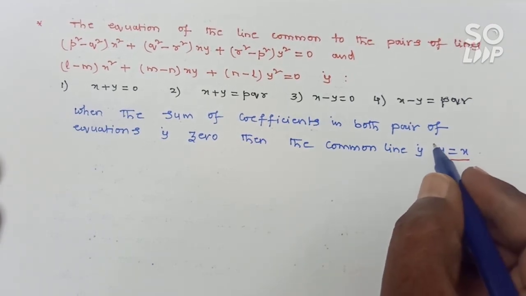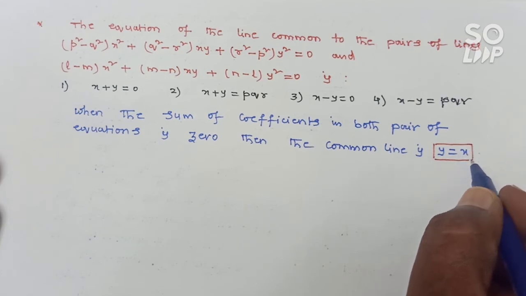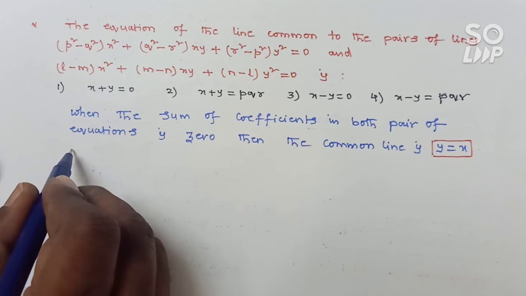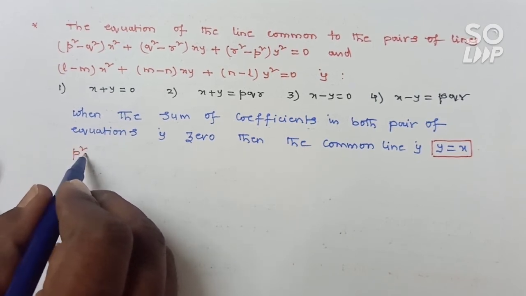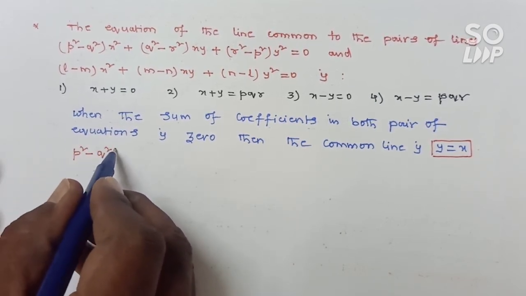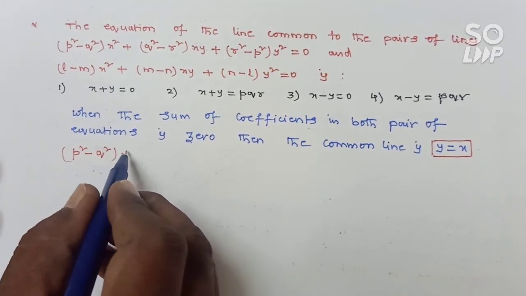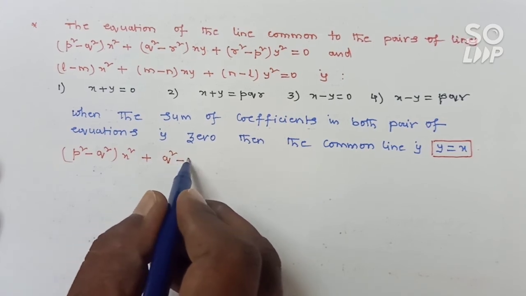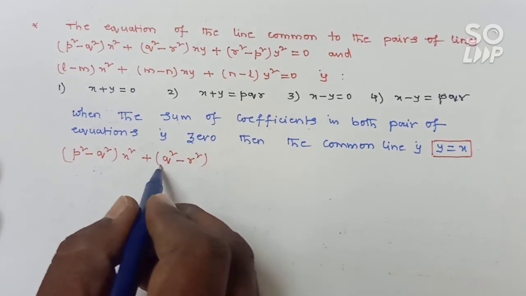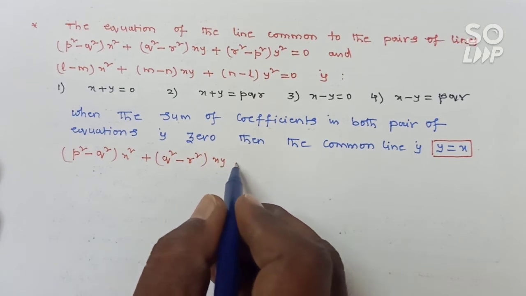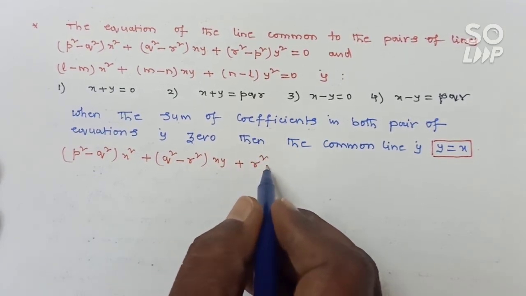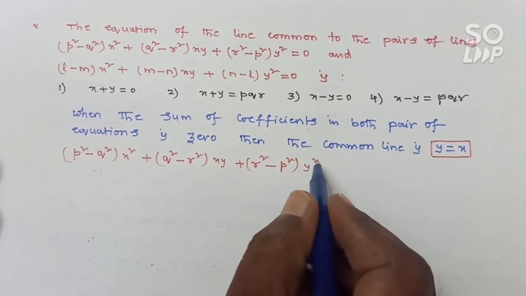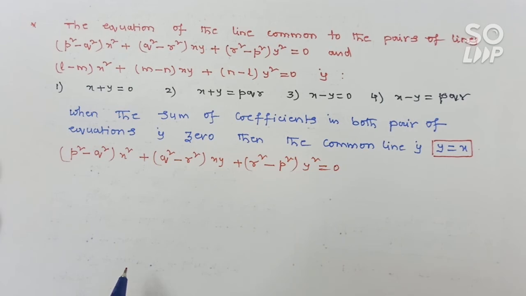Now here you see the given question. In the given question, the first equation is what? (P square minus Q square) x square plus (Q square minus R square) xy plus (R square minus P square) y square equals 0. Right?